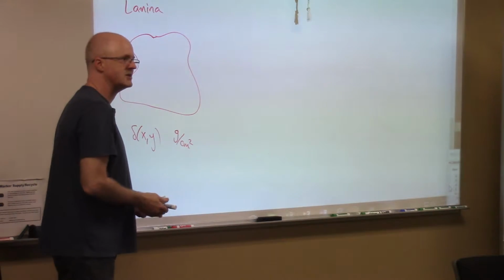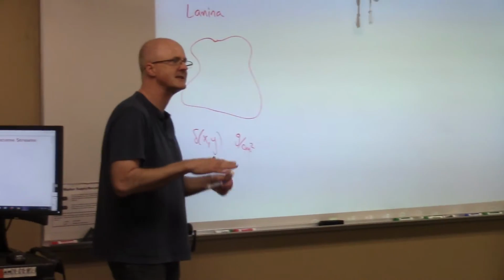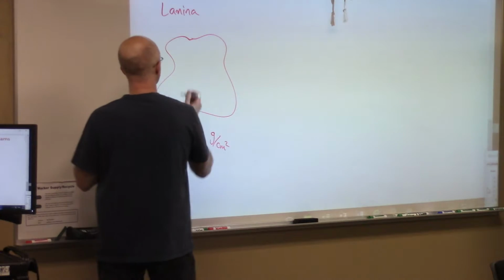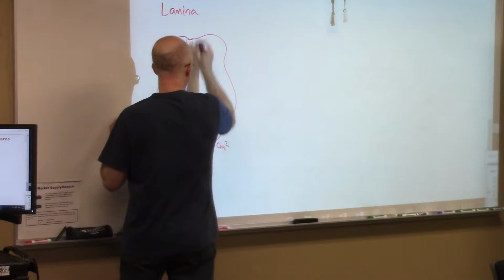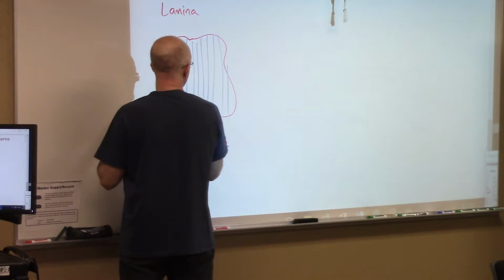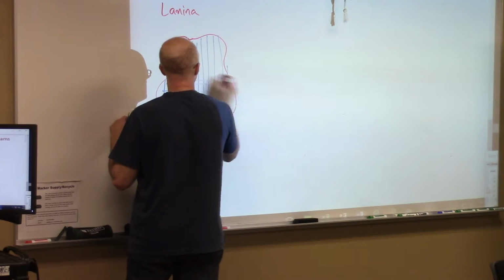You can't slice it just with vertical and horizontal slices. You have to slice it both horizontally and vertically. Got a bunch of vertical slices here, chopping it up this way, and a bunch of horizontal slices, chopping it up this way.